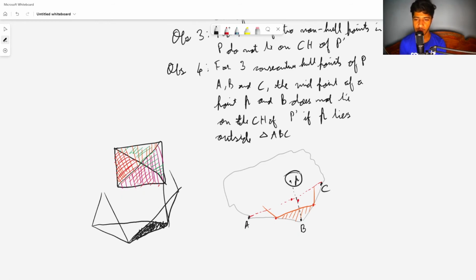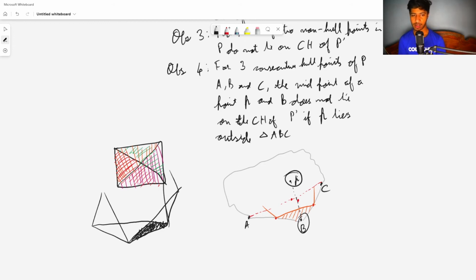So how many triangles can the small p be a part of? At most two, right? So for a particular B and for every other point inside the convex hull that you can consider as p, that p will be a part of at most two triangles, right? Not more than that.